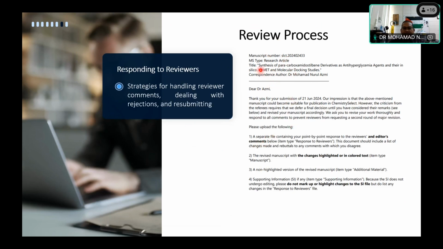It's the title, the type of research article, the corresponding author is myself, and also the manuscript number here. Any conversation regarding your articles, please include the manuscript number. This is very important to make sure the editorial office and us as the submitter, the corresponding author, discuss the same thing.